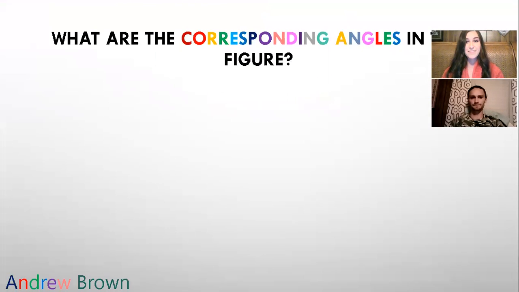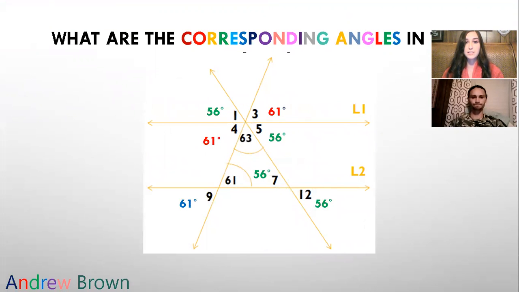Okay. All right, so what are the corresponding angles in the figure that we just looked at? This may be an intimidating question, but it's a very good one. Corresponding angles are the angles which occupy the same relative position at each intersection where a straight line crosses two others. If the two lines are parallel, the corresponding angles are equal.